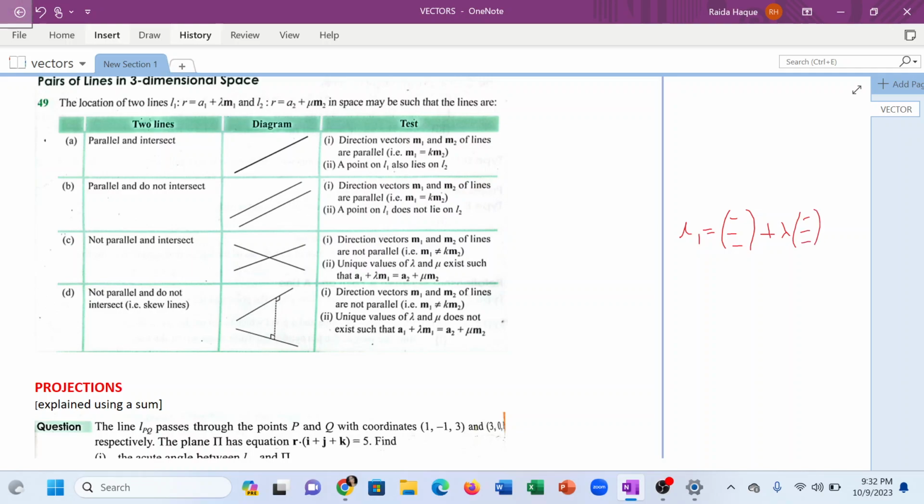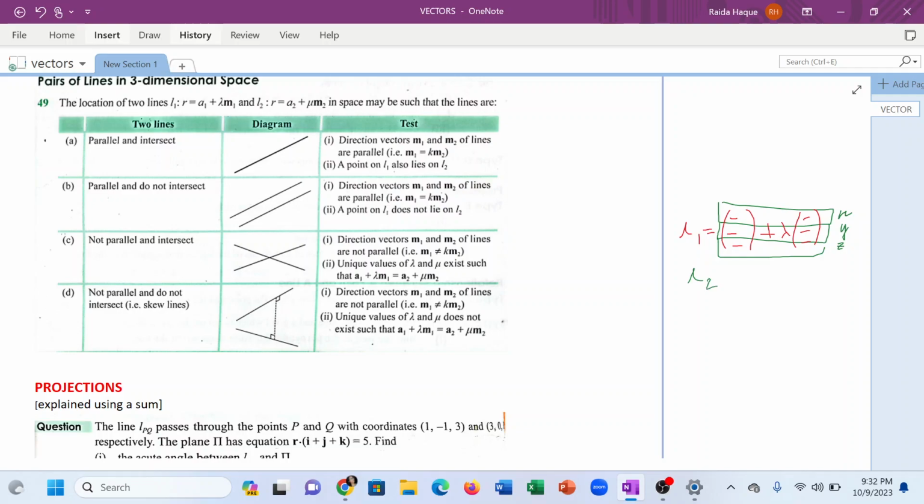By the parametric equations, you can separate it into three different parts, right? So you have a part x, a part y, and a part z. And then you can repeat the same thing for L2 too.